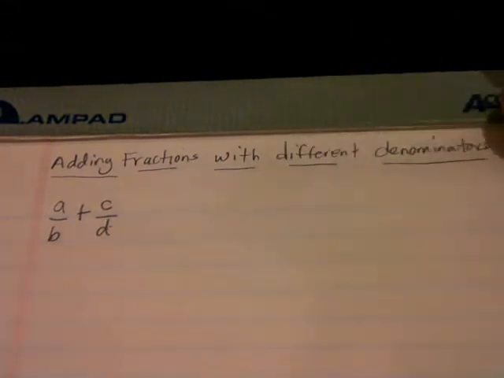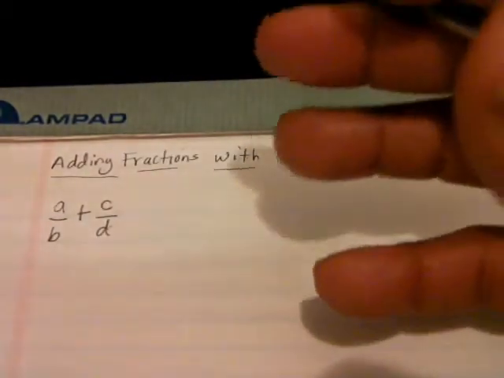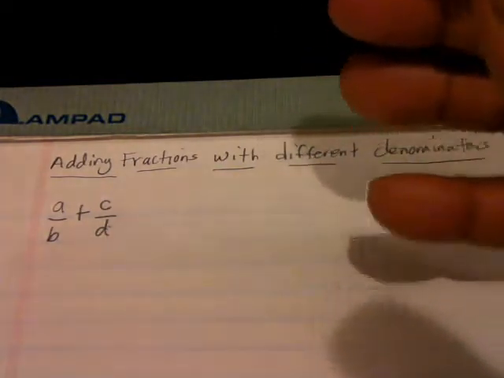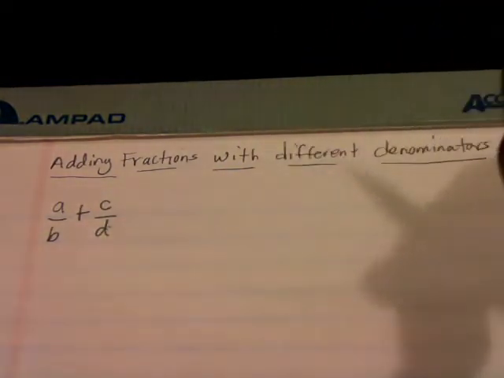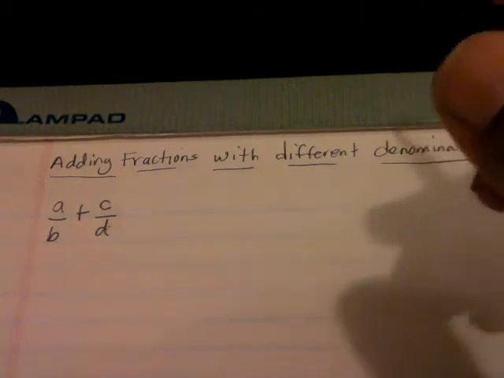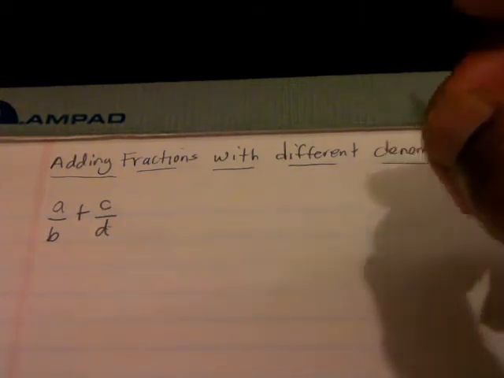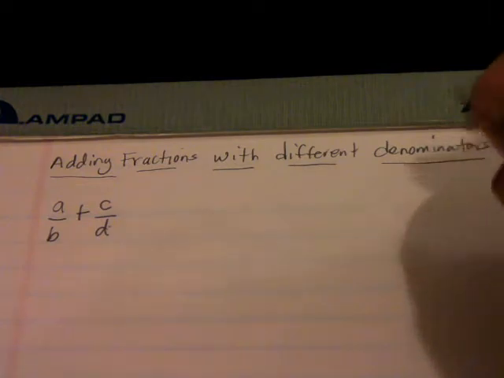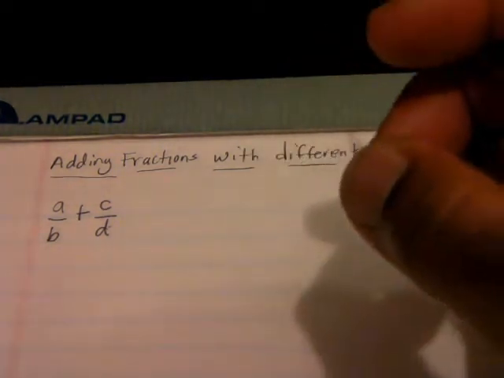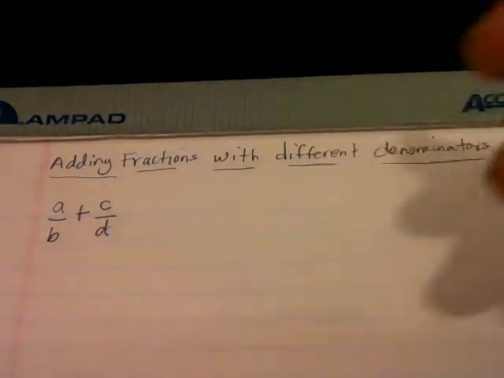When you have the sum of two fractions with unlike denominators, you need to determine the common denominator that both fractions share, and then you'll create the new denominator, and then you will determine the new numerators.